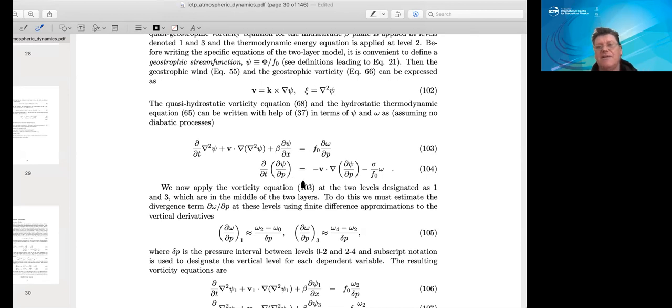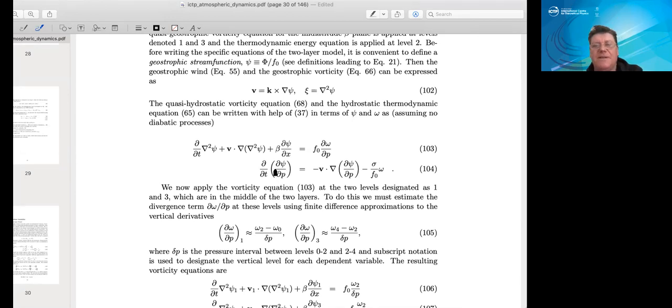So instead of having a two-dimensional problem, or we could even simplify it to a one-dimensional problem if we assume the wave is not propagating in the meridional direction, here we have a three-dimensional problem because we have to take into account the vertical structure of our stream function.